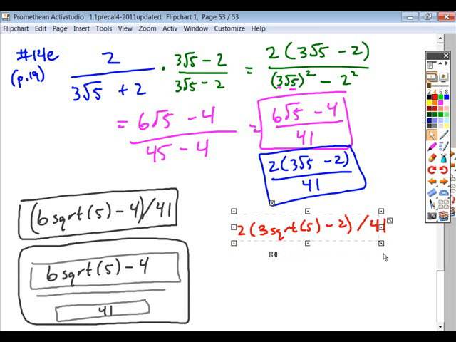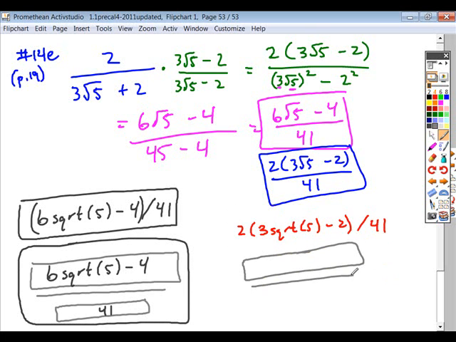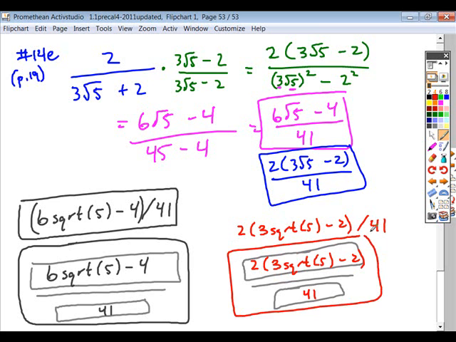And if you were looking at the two different entries, so a numerator divided by the denominator, in this particular case, the way it would look is, again, you'd still need all your grouping symbols here, and then the denominator would simply be the 41. So either of those forms would work as well.